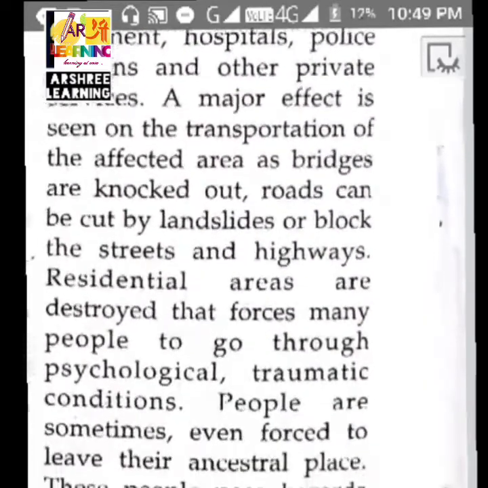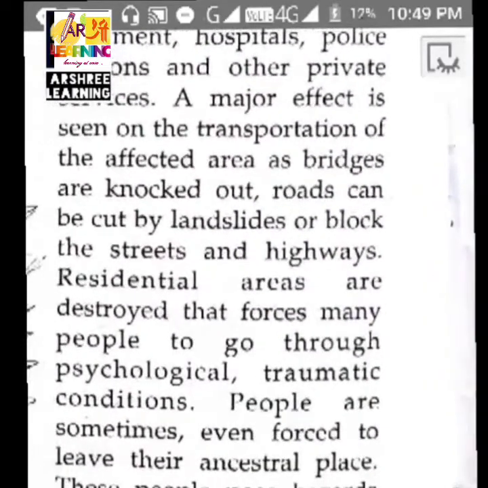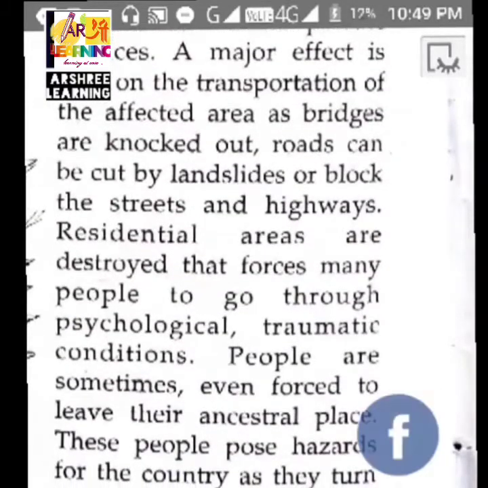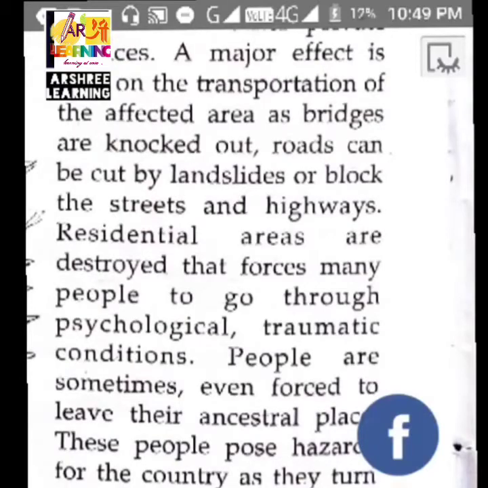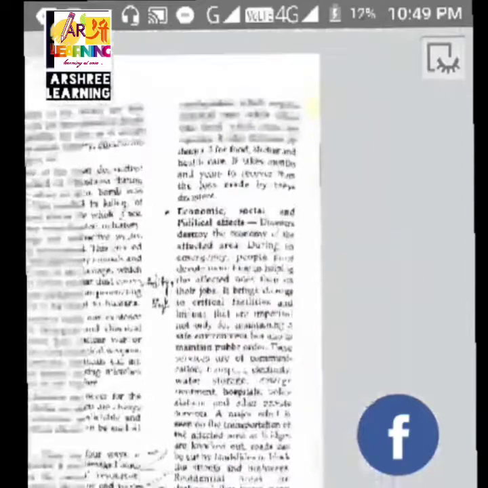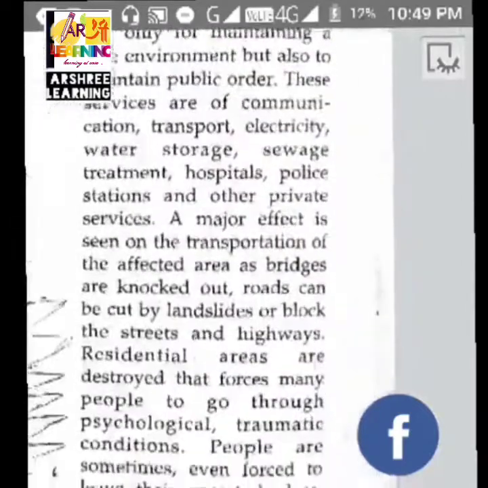Residential areas are destroyed, which forces many people to go through psychologically traumatic conditions. People are sometimes forced to leave their houses. This is one of the psychological effects of disasters.